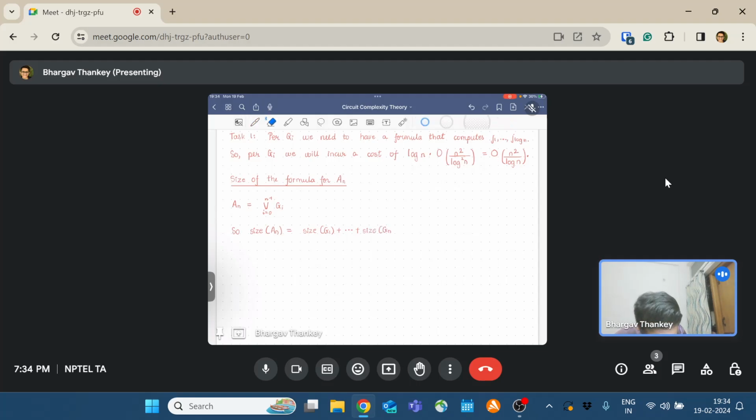Size of GI for i from 0 to n minus 1, plus n minus 1. N minus 1 would be from this OR gate. So you have n inputs, you need n minus 1 OR gates.